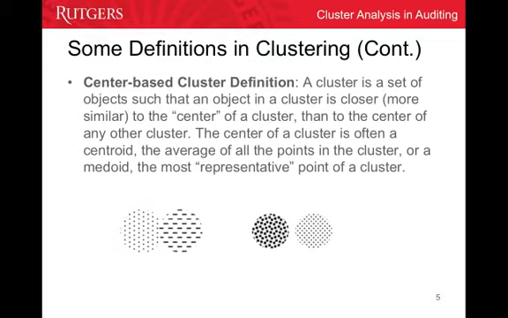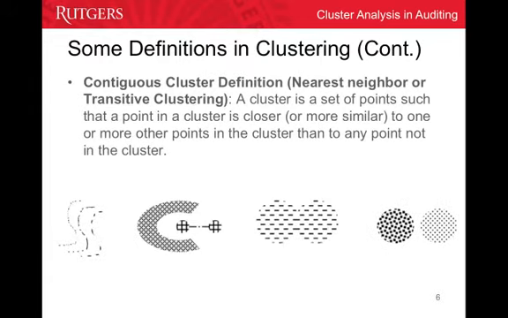The center of a cluster is often a centroid, which is the average of all the points in the cluster, or it can also be a medoid, the most representative point of a cluster. Okay, another alternative cluster criterion is called the contiguous cluster definition, or we could also call it nearest neighbor or transitive clustering.